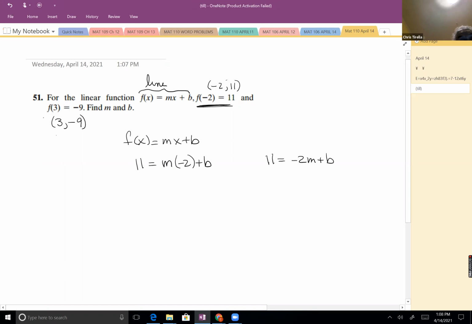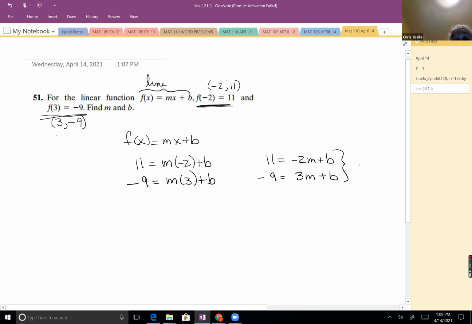The second one says f of x is -9 when x is 3, giving me -9 equals m times 3 plus b, or -9 equals 3m plus b.